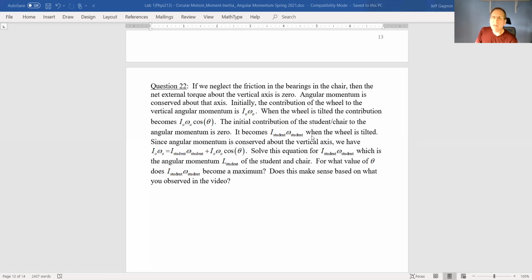The only thing I want you to think about is, for what value of theta does the angular momentum of the student in chair become a maximum? Does this make sense based on what you observed in the video? When you're watching the video, you'll see pretty clearly when the student in chair are spinning the fastest. So what angle did they rotate the wheel through so that they were spinning the fastest?